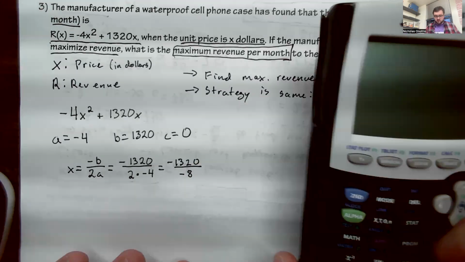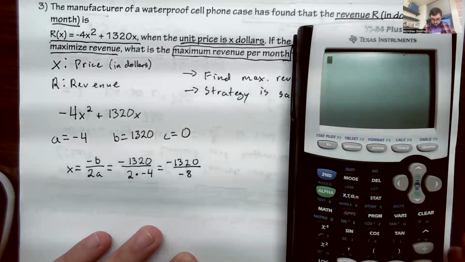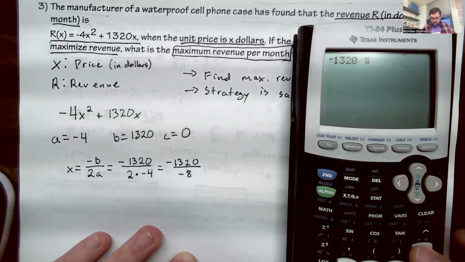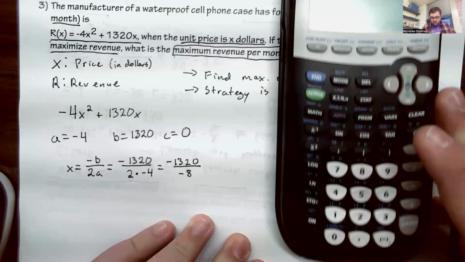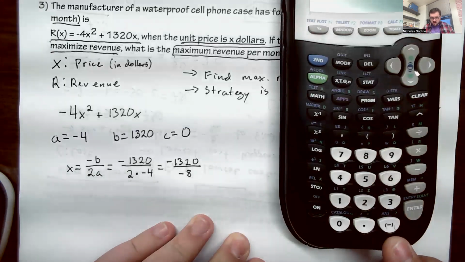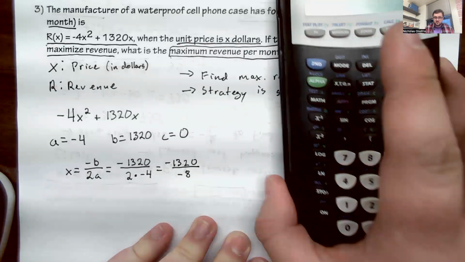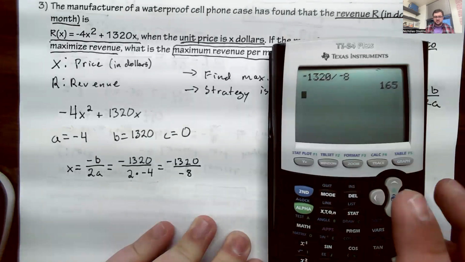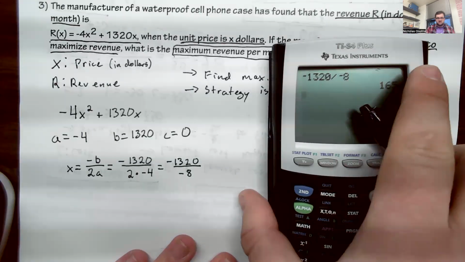At this point, I don't want to do that division by hand, so let's plug it in. Negative 1320 divided by negative 8. Remember, when you're putting in negatives, I want you to use this key right here. Otherwise, your calculator's not going to be happy with you. Plug that in, hit equal, and my calculator gives me x equals $165.